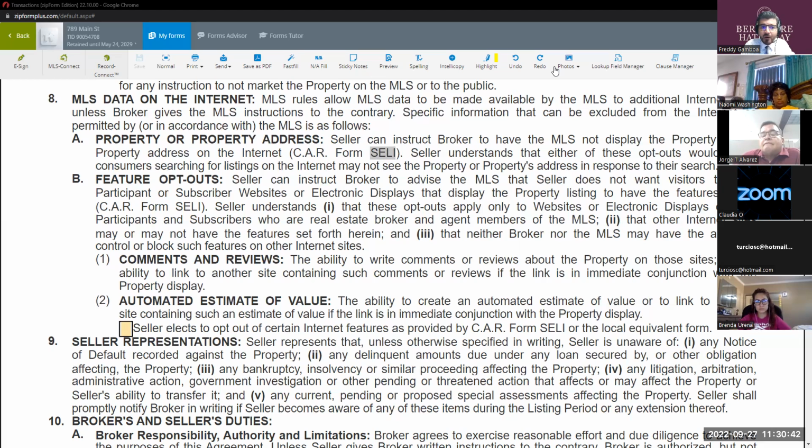Now, keep in mind, if you or a photographer takes a picture of the front of the house and that picture has your yard sign, the one that says for sale from Berkshire Hathaway Home Services with your name in it, that is going to be called out on the MLS, and most likely you will get fined. Let me repeat myself.